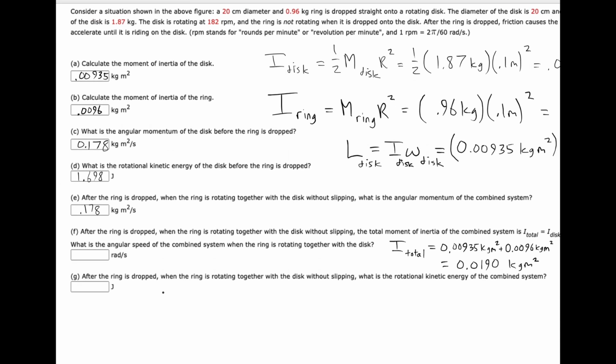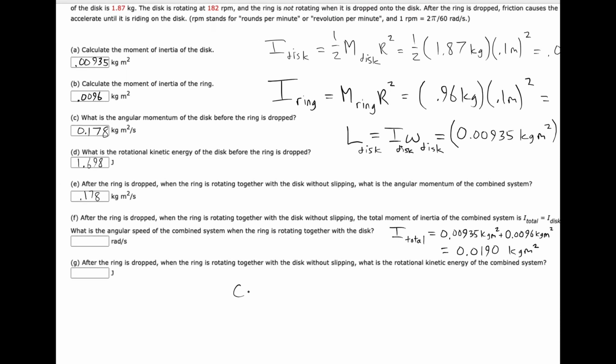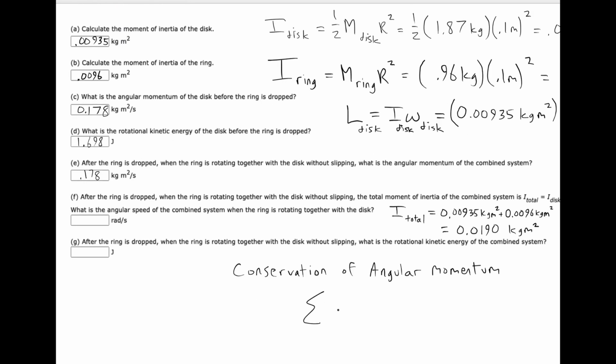Now, in order to solve this one, we have to use the idea of conservation of angular momentum. So this means the sum of all angular momentum at the beginning has to equal the sum of all angular momentum at the end of the problem.